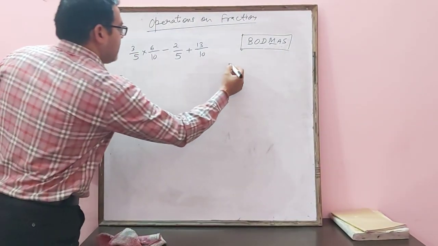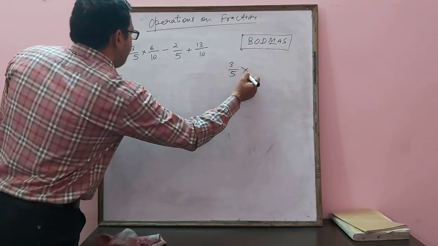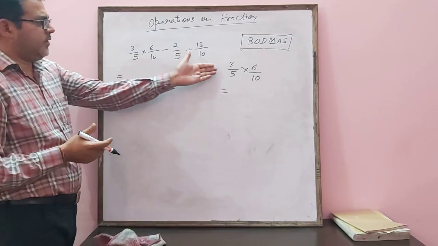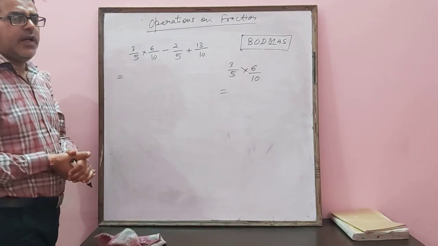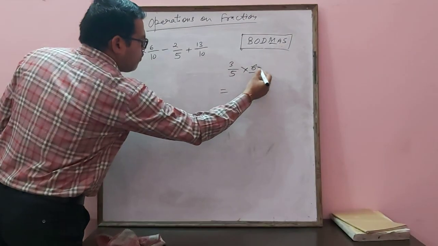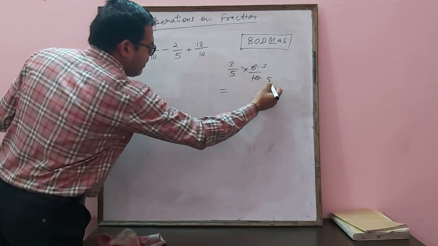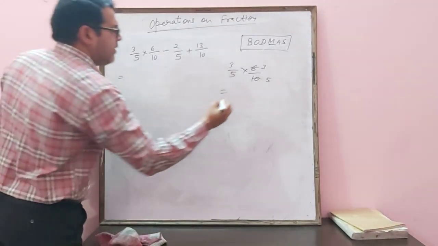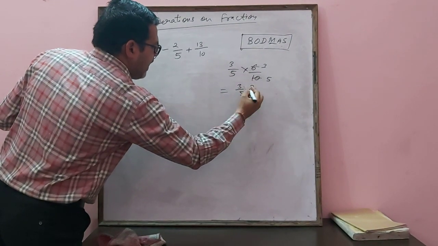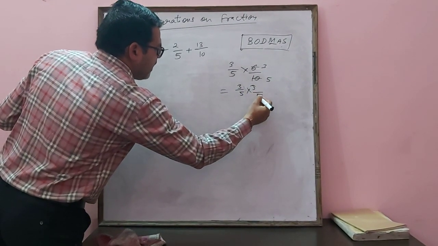So we need to multiply these fractions first. This is a very simple thing. So we have to multiply first this 3 by 5 and 6 by 10. You can see here we can simplify it by 2, 3 times it is divisible, and by 10, 5 times it is divisible. Now we have 3 by 5 and this 3 by 5.